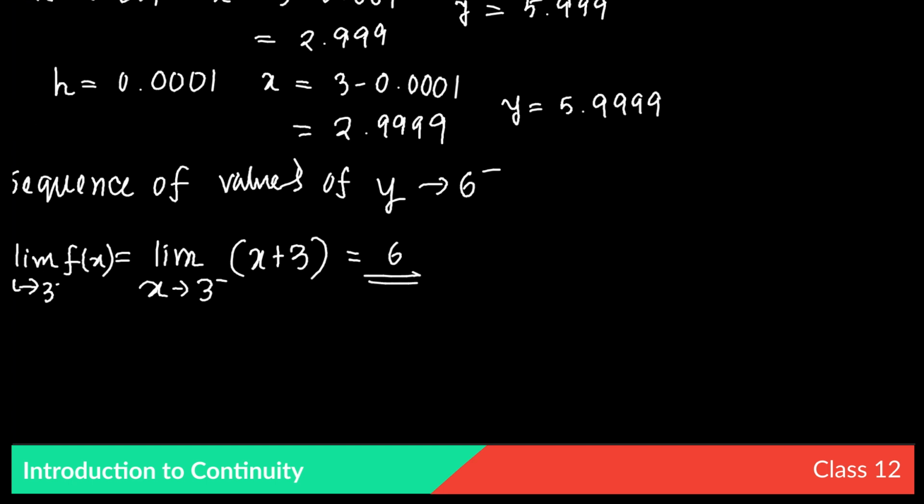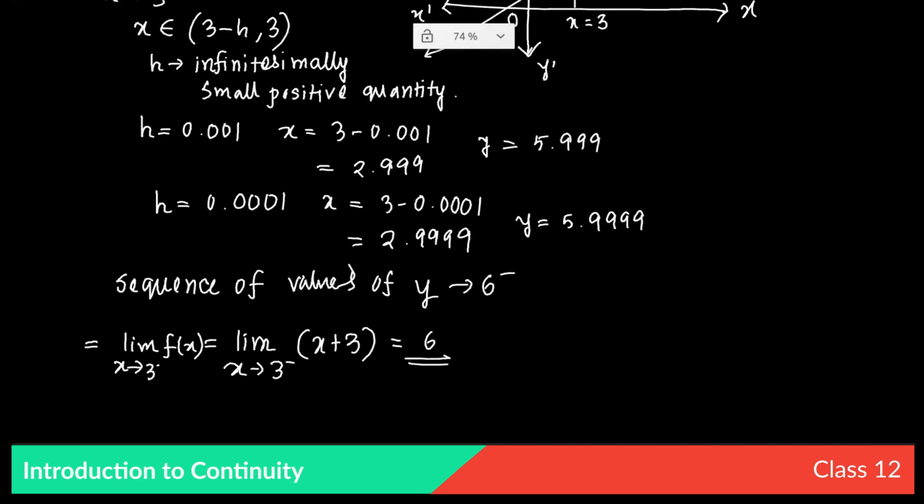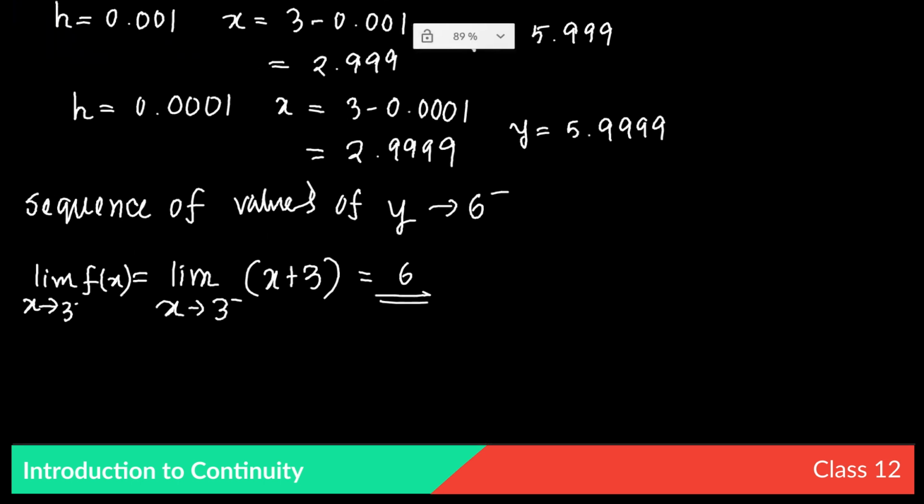So when it is a defined function, the numerical value of the limiting value and the functional value is the same. So when x is tending towards 3 minus, the limiting value of the function f(x) equals x plus 3 is 6. So this is what we have analyzed from the left hand side of x equals 3. This is actually the LHL at x equal to 3.